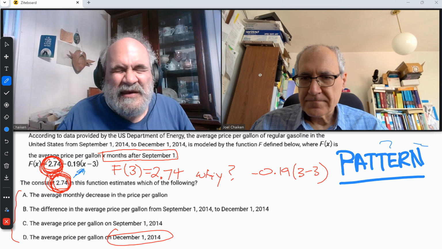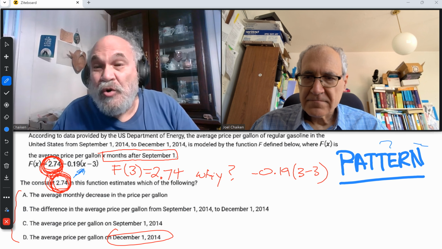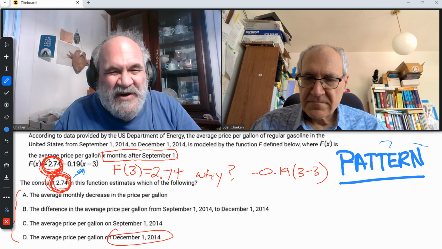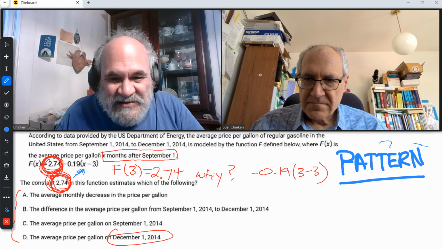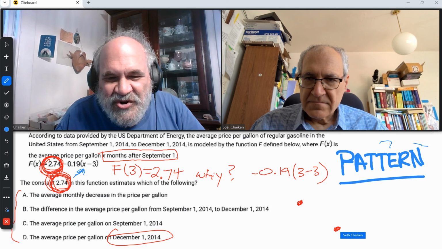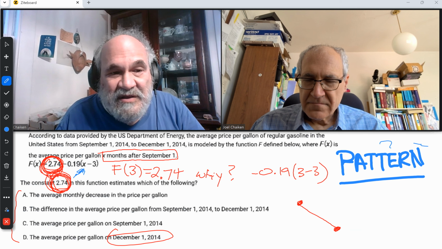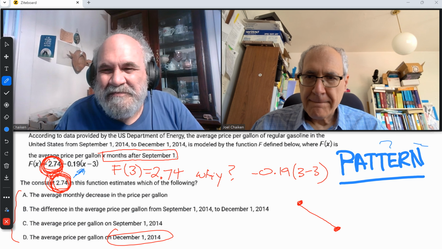And then the other pattern that I know, which you didn't mention, is that this function interpolates between the price at two values of x.